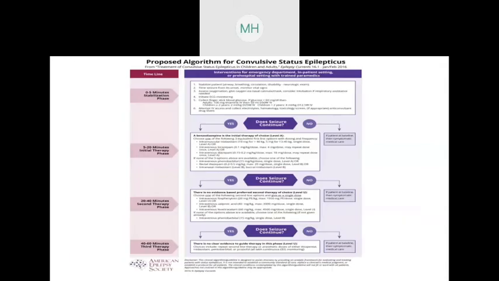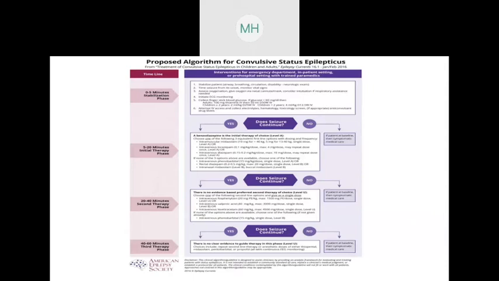So this proposed algorithm by the American Epilepsy Society more or less is the same. From the time base, the initial one: stabilize the patient, monitoring, IV access, blood taking, get the proper history.